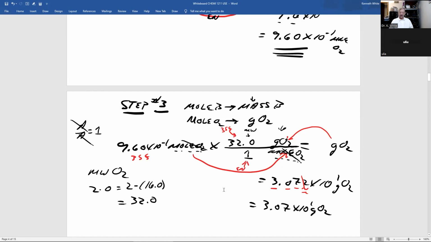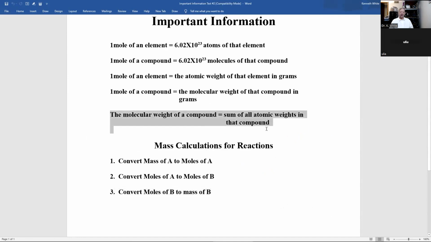Well, in case you forgot, important information: 1 mole of a compound equals the molecular weight of that compound in grams. And the molecular weight of that compound is the sum of all atomic weights, which we've practiced already.